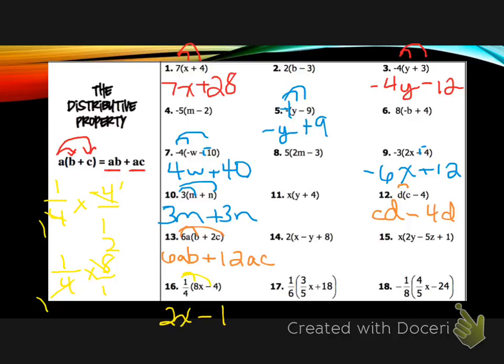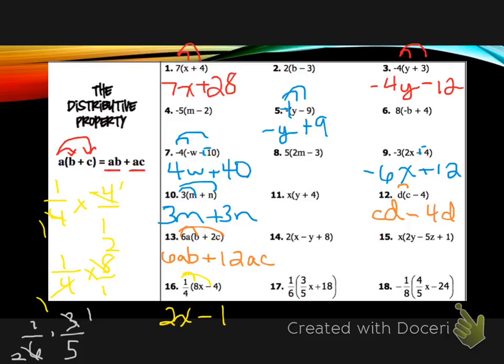Let's try that on number 17 now, too. Number 17 here, we've got 1/6 times 3/5. Well, 1/6, I'll write it over here, times 3/5. I can cross that out and put a 2 there. Remember, 3 goes into 6 two times, that's why we cross them out.